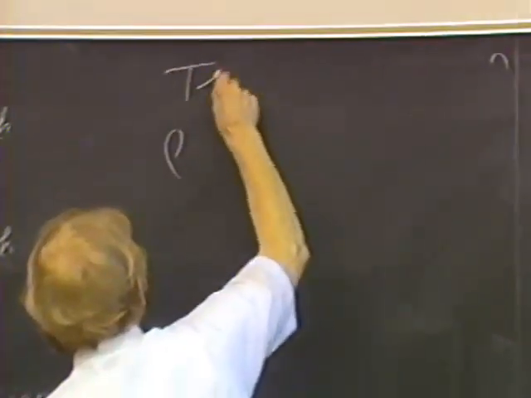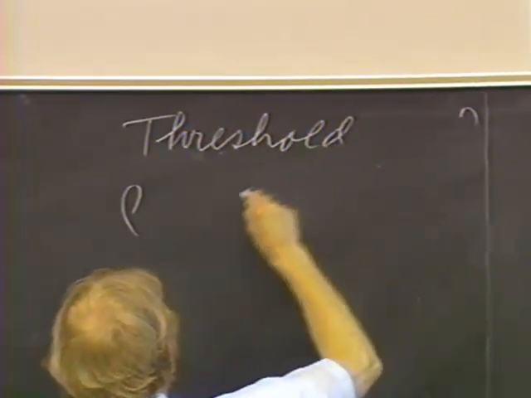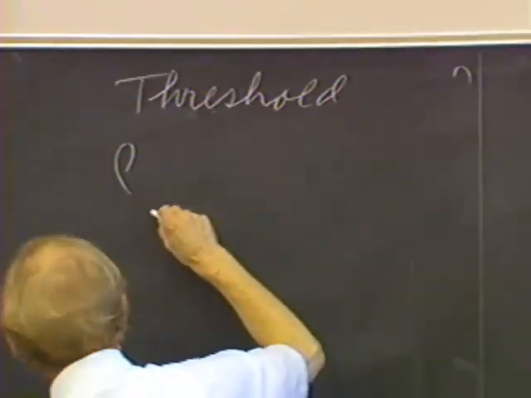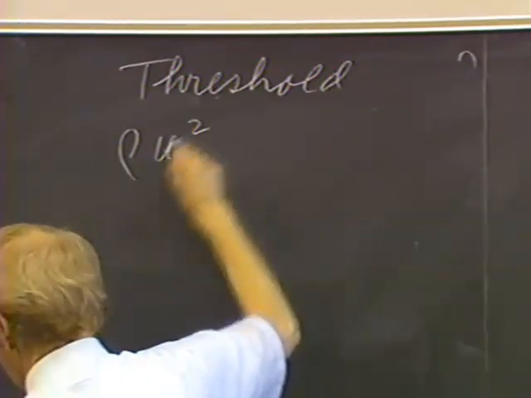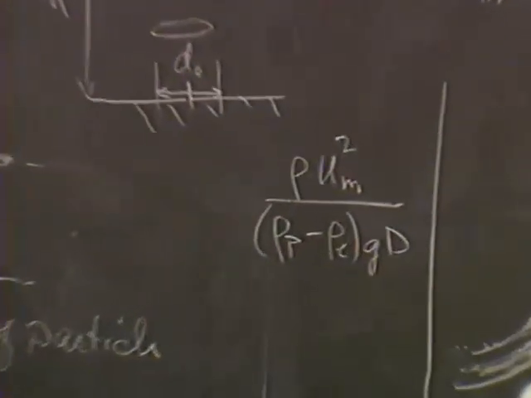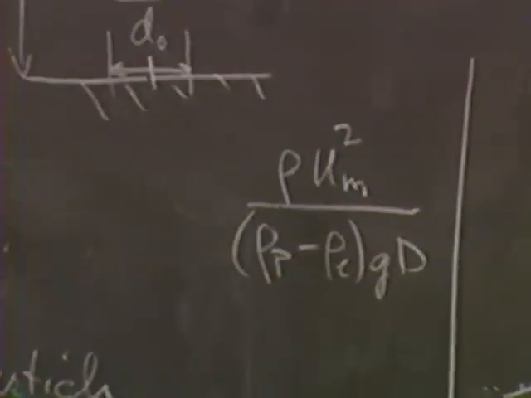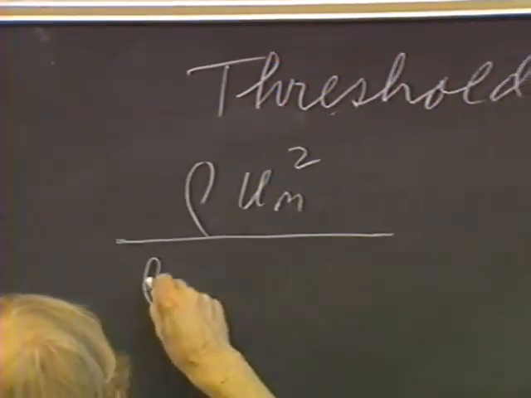For one set of data, he has A double prime equal to 0.392, and this is Nanohash's data. I'll give you this paper next hour. And for Bagnold's data, he had 0.211.